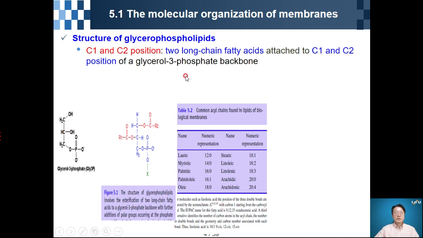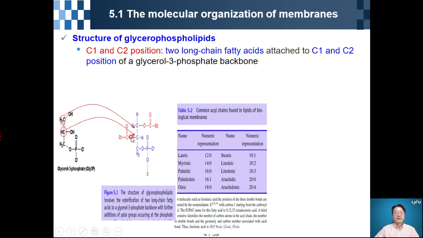Usually a fatty acid which has a long chain, a long chain fatty acid, can be attached to the C1 and C2 positions. After that they will make this kind of structure.